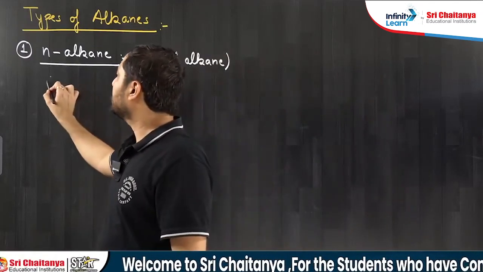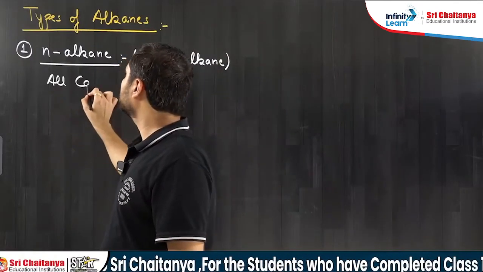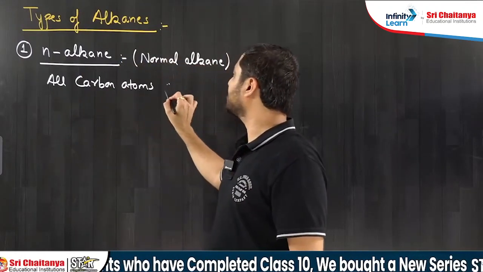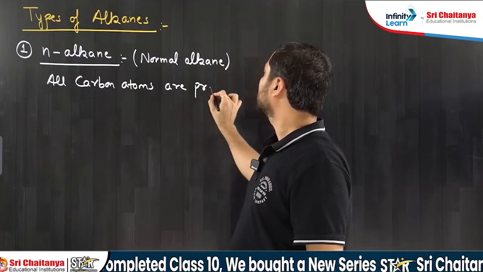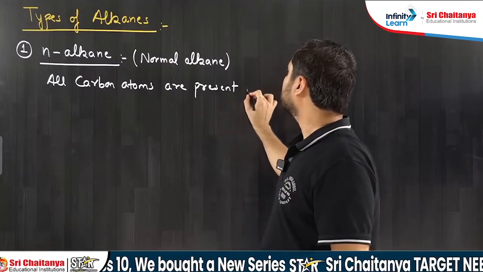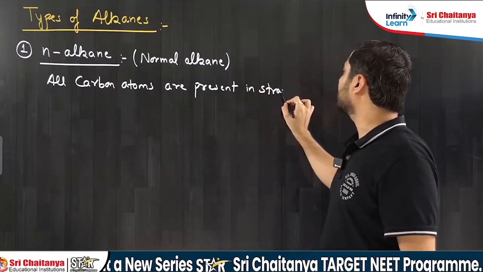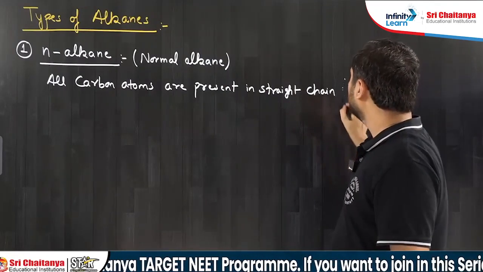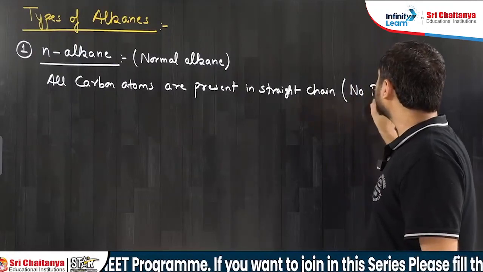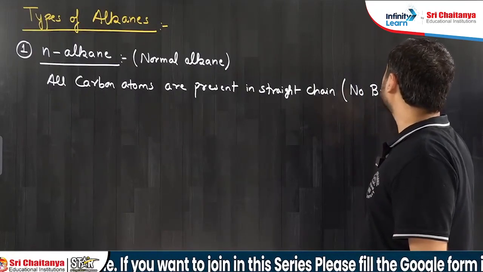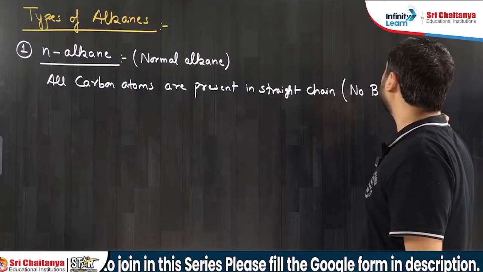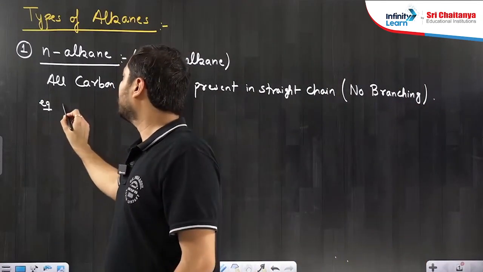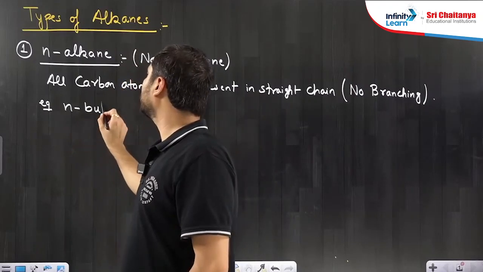All carbon atoms are present in a straight chain, which we can also call the parent chain, because if there is only one chain, that will be considered the parent chain. So we can say there is no branching or substituent present in a normal alkane. For example, if I have to draw the structure of normal butane.